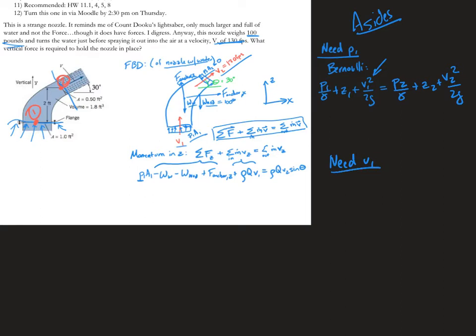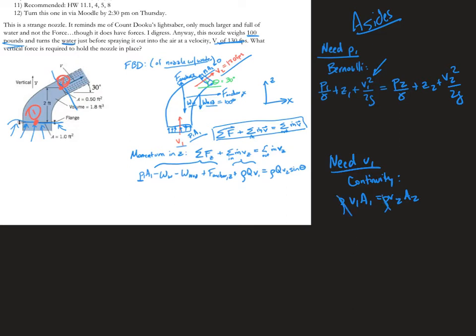Okay, so let's go ahead and do continuity. Okay, so we're going to go V1A1 equals V2A2. Okay, in equals out. Technically there's a rho here, but it's incompressible, so those rhos go away. Okay, this is what, water? Yeah, water. Okay, it's water. So this is all going to go away.